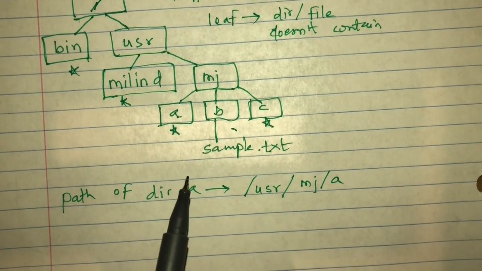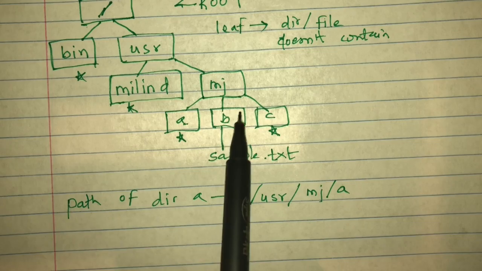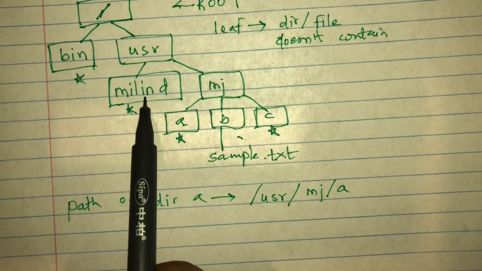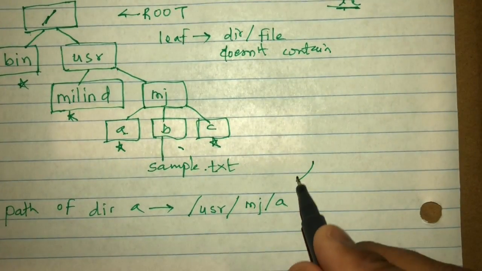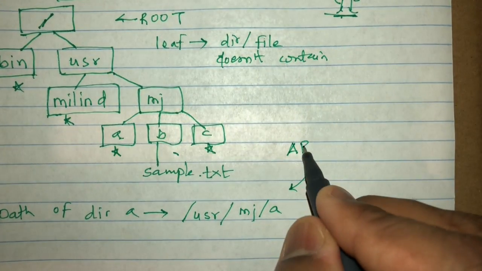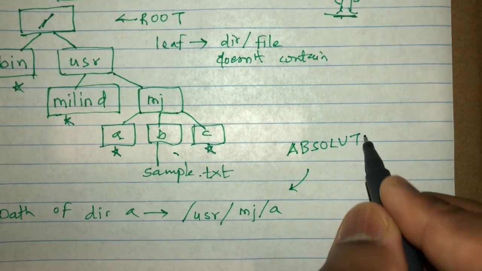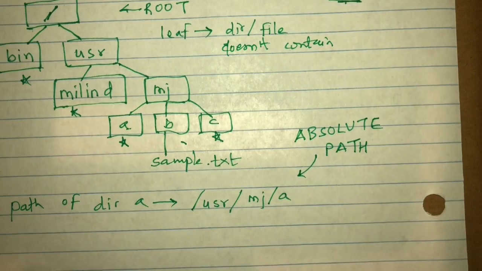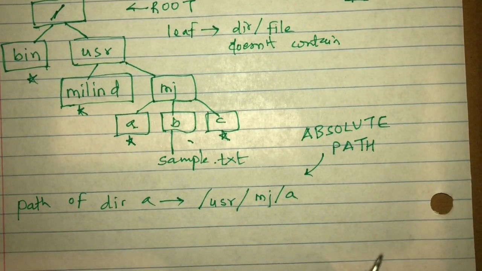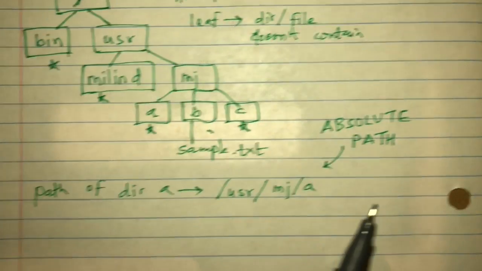Now this path is true irrespective of whether you are at directory B, at directory Milind, or at directory USR. That's why this path is called an absolute path. Right. So the absolute path of a file or directory is true irrespective of where your current location is.